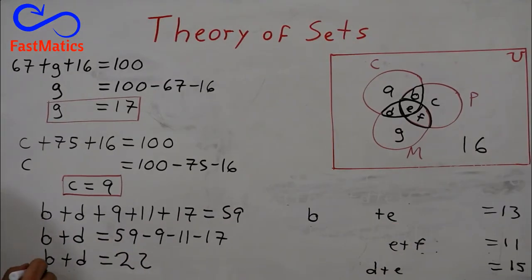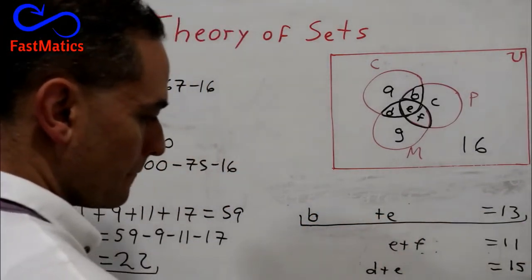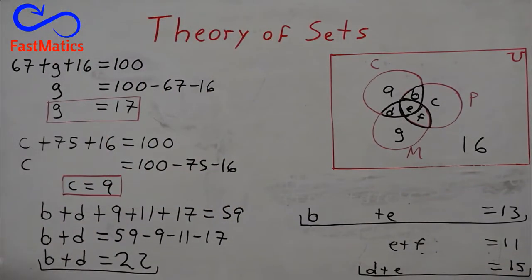Now we are going to consider this equation, and this equation. Why? Because we have two B's and two E's. And that's going to be helpful for answering this problem.